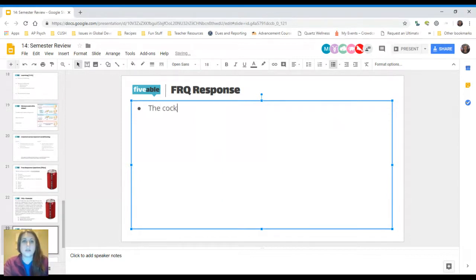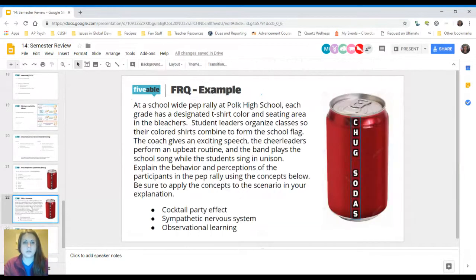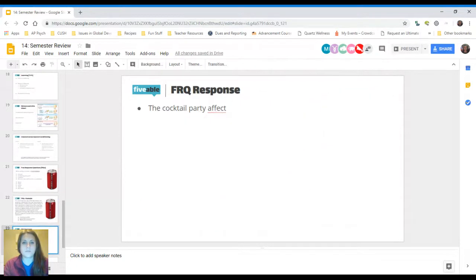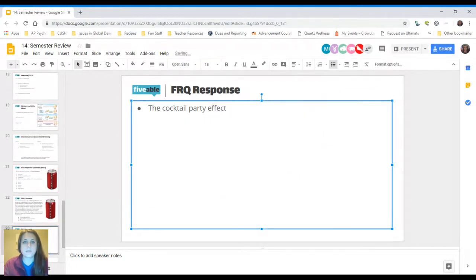Okay, so my first term is cocktail party effect, and I'm just going to jump right into a definition. Cocktail party effect, and then I should underline it because that's my term so that we see what it is. The cocktail party effect refers to the phenomenon that occurs in crowded spaces.